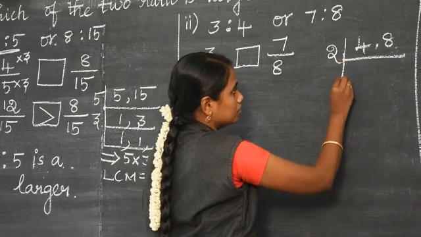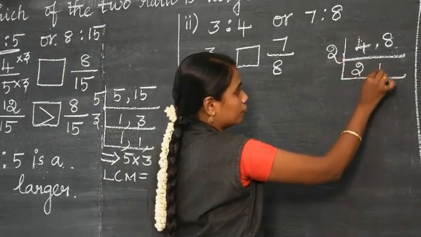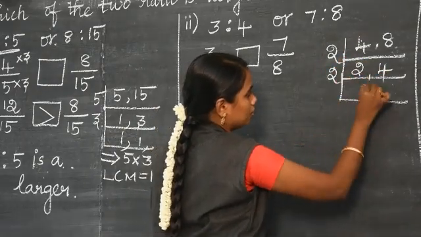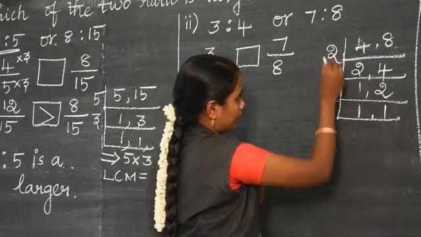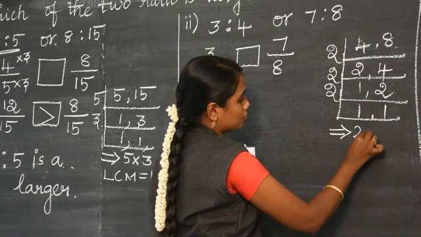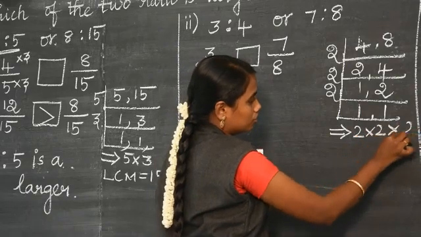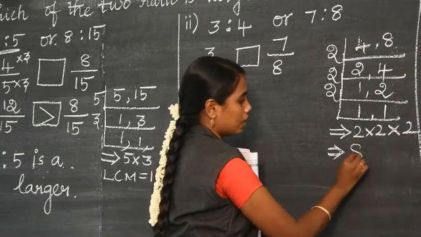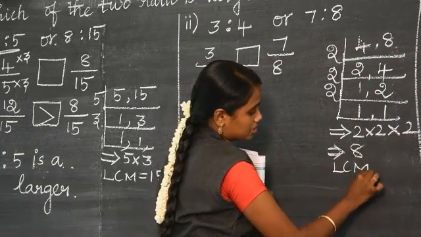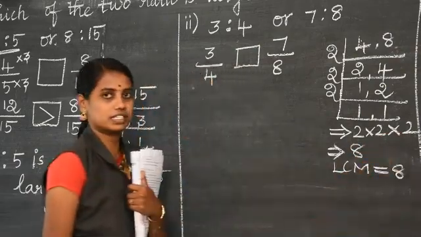2 table, 2 times, 4 times; 2 table, 1, 2; 2 table, 1, 1. Now multiply 2 into 2 into 2. 2 twos are 4, 4 twos are 8. So the LCM is 8.